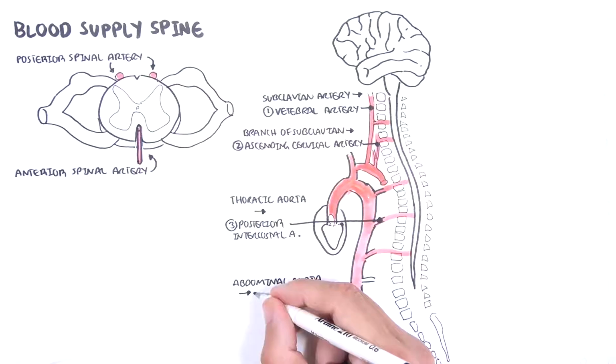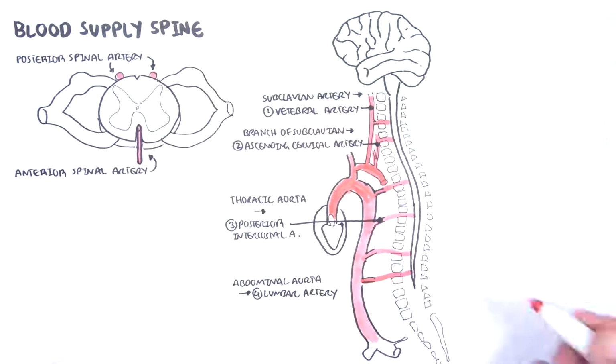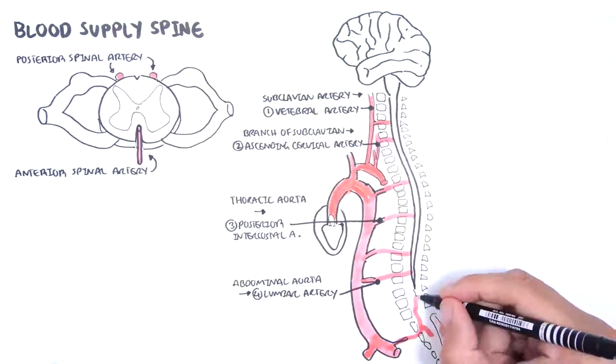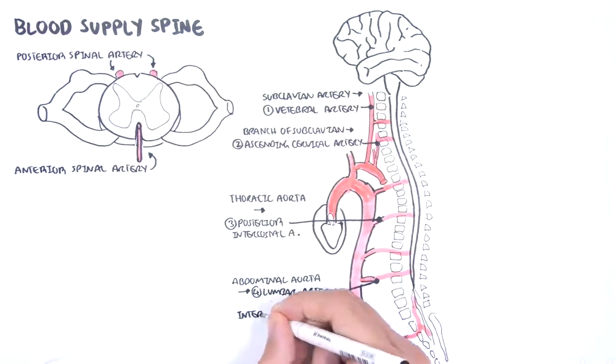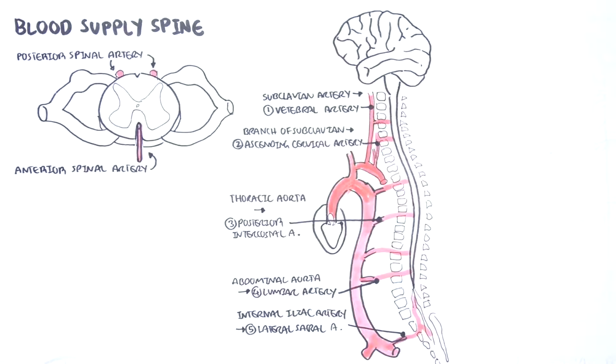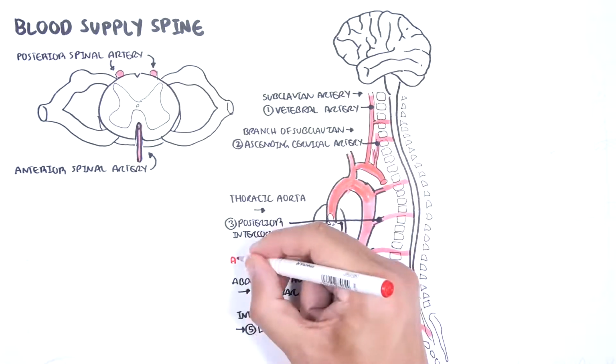The lower spinal cord arteries are branches of the lumbar artery, which is a branch of the abdominal aorta, as well as the lateral sacral artery, a branch of the internal iliac artery.